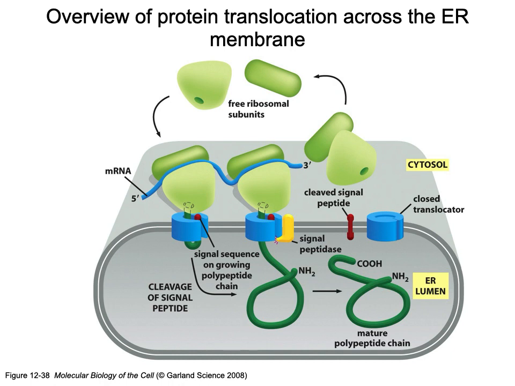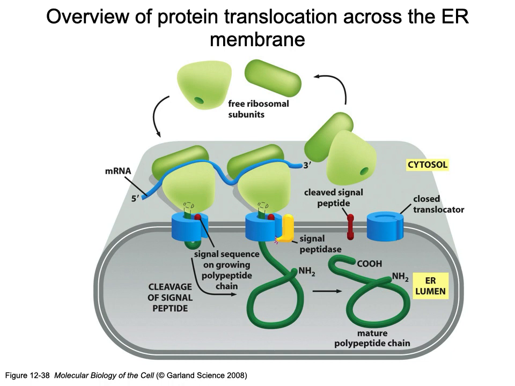So looking at an overview of protein translocation across the ER membrane, we can see that we will have our ribosomes attach the messenger RNA, and we can have multiple ribosomes attached at different parts of the messenger RNA.